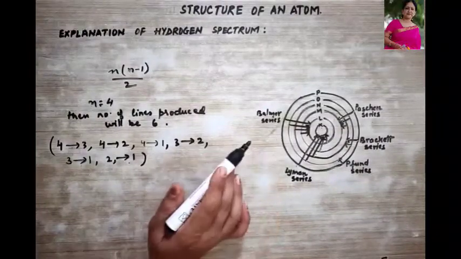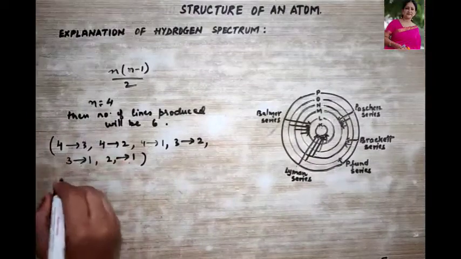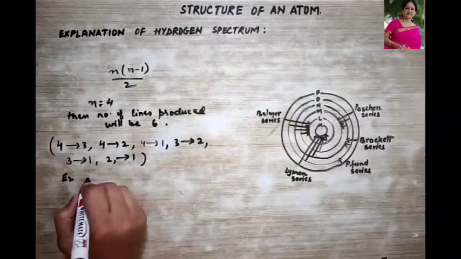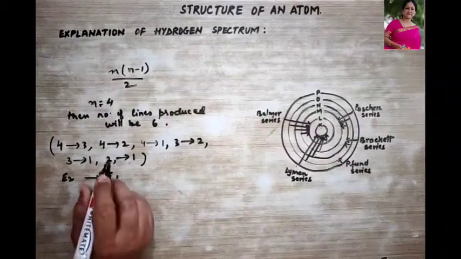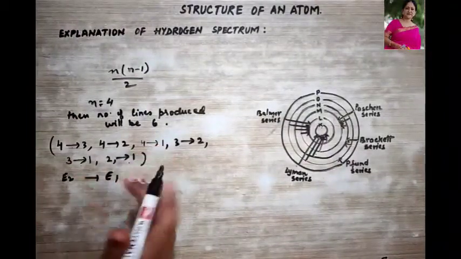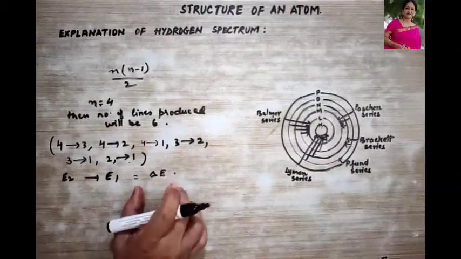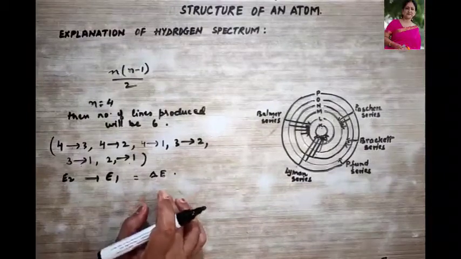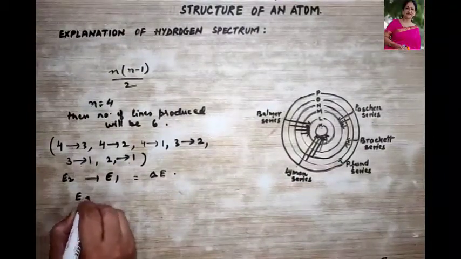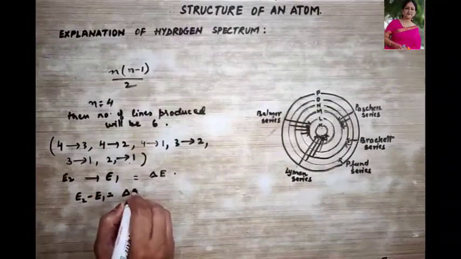If the electron comes back from the energy level having energy E2 to the energy level, say it goes to E1, then what will be the difference that will be created? It will always be delta E. The total energy difference will be how much? Delta E, which can be written like this: E2 minus E1 is equal to delta E.